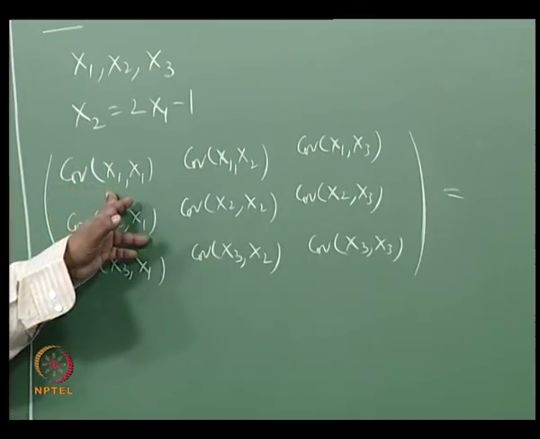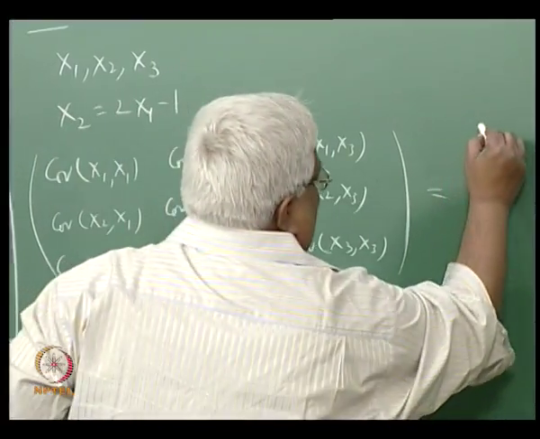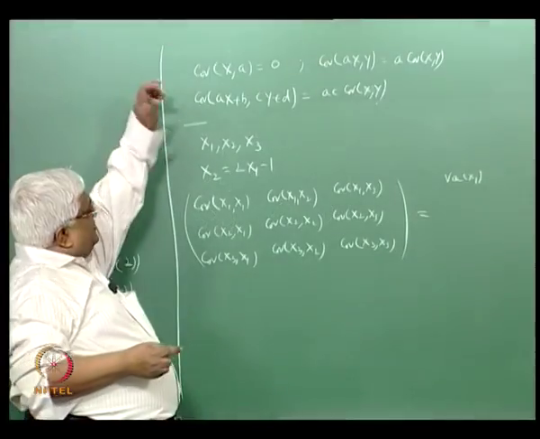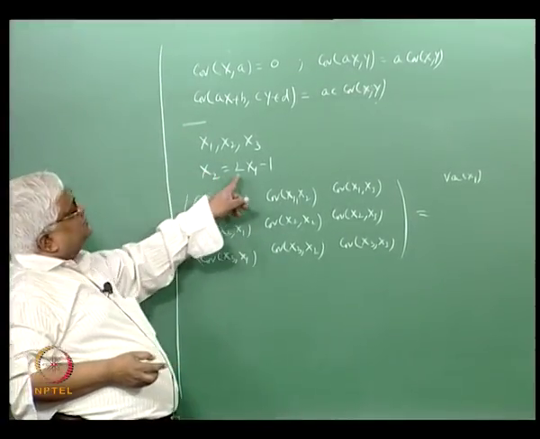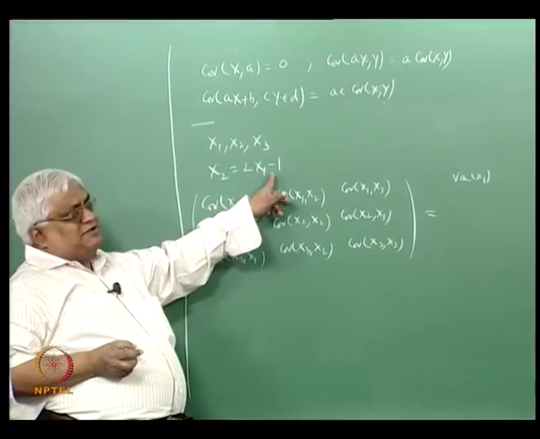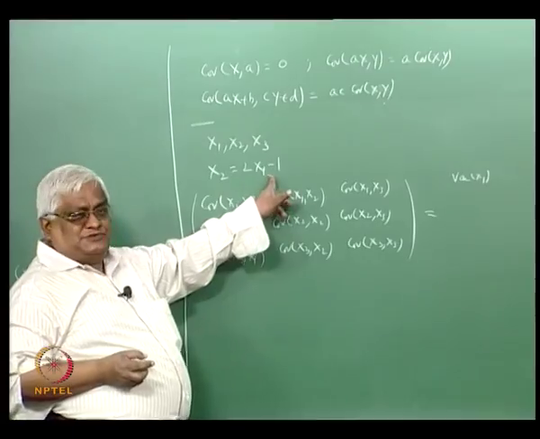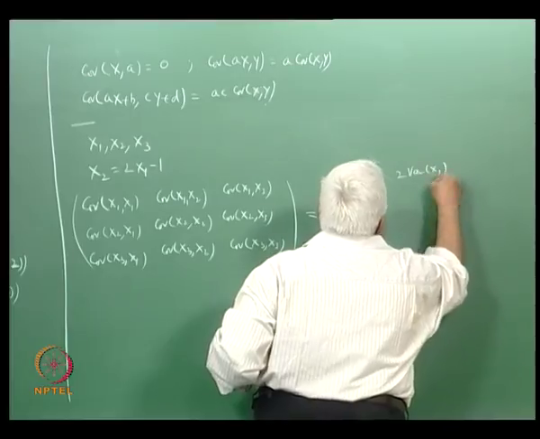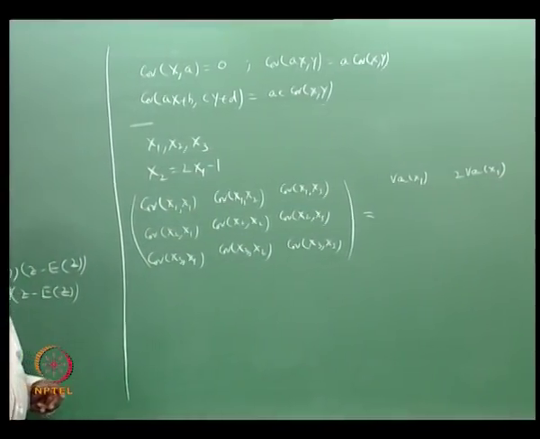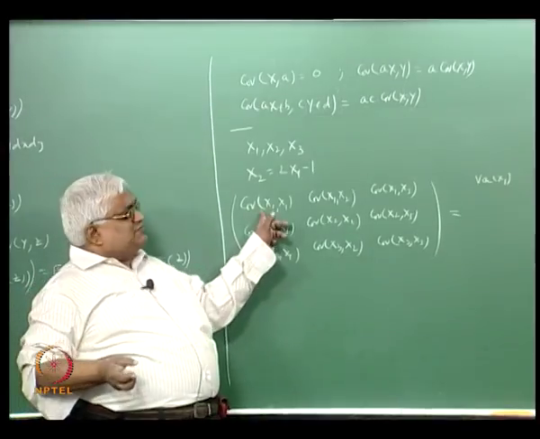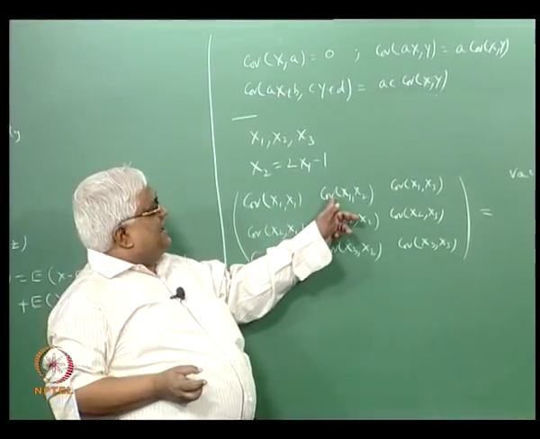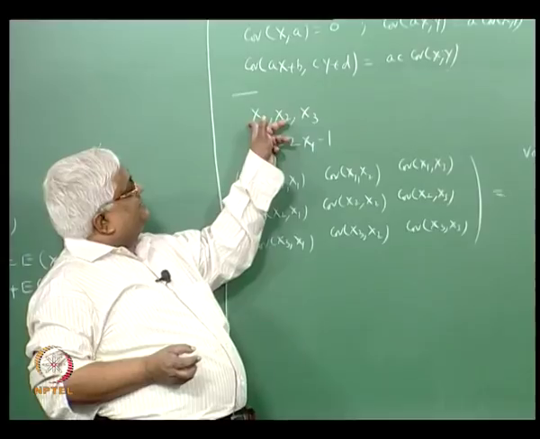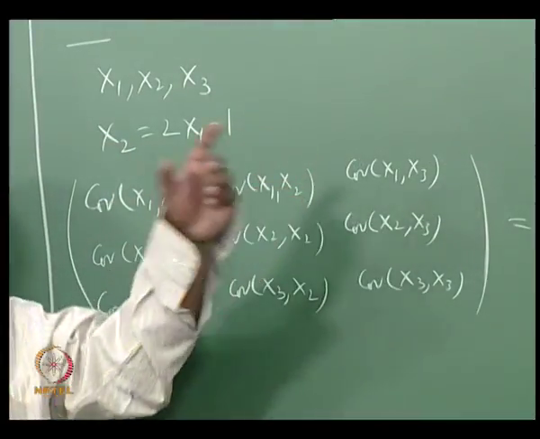Covariance x1 x1 is variance x1. Covariance of x1 with x2, where x2 is 2 x1 minus 1, will be 2 times variance x1.